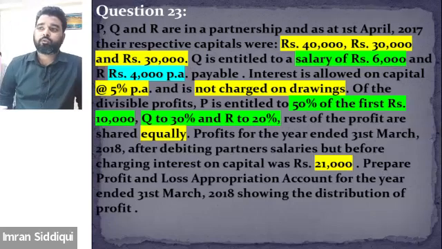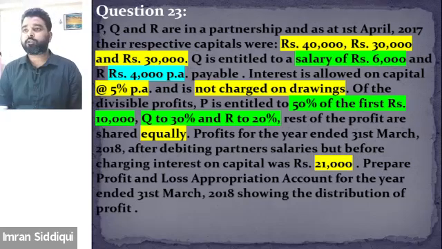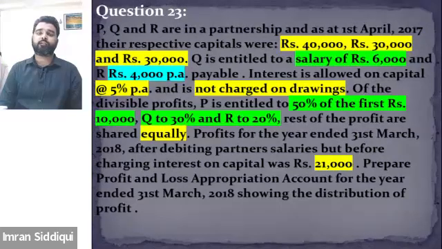So in this question also, we will be preparing the P&L appropriation account only. But let's read it once and then we will continue with the solution. The question is saying that P, Q and R are in a partnership, and as at 1st April 2017, their respective capitals were 40,000, 30,000, 30,000.